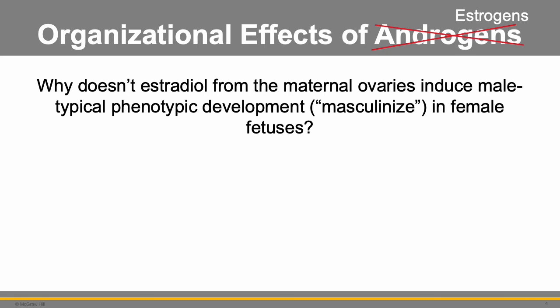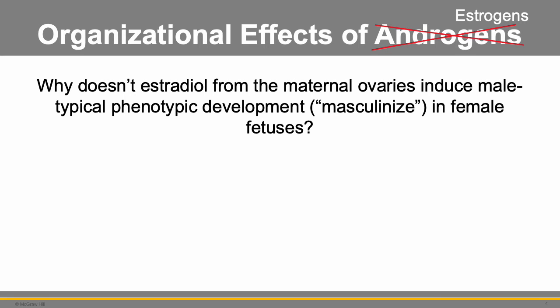I mean, we don't. But I'm asking you what do you think's going on here? It seems like everything that we've discussed so far, that should happen. Estradiol should, in quotes, masculinize any developing female embryos within the womb of the female.